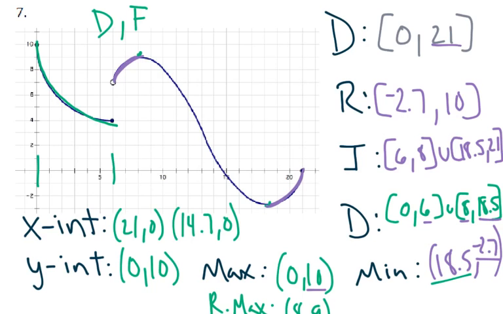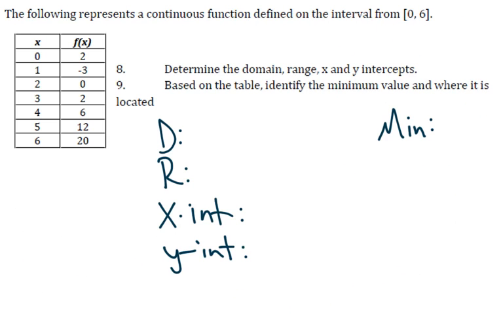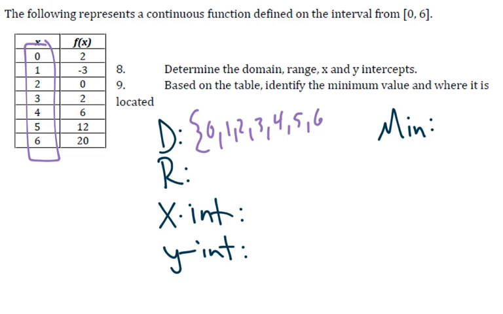There we have it. Alright, now in these ones it's not asking us to find all of the pieces, but just some of them. So our domain would be all the x values. We should probably write them 0, 1, 2, 3, 4, 5, 6. Our range, all the y or outputs, the f of x.